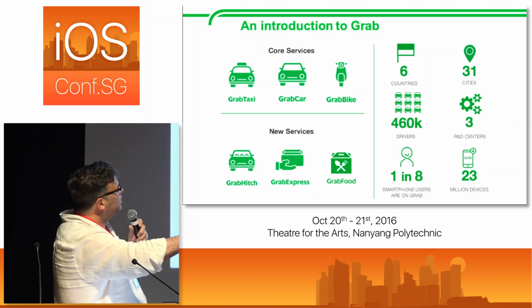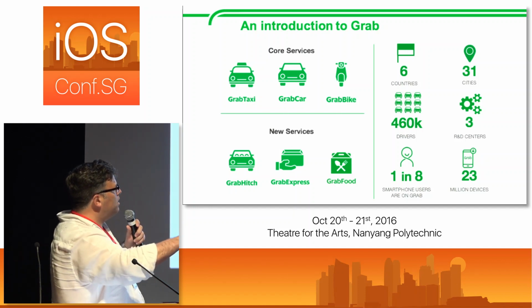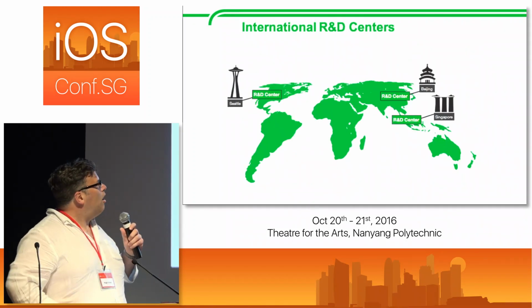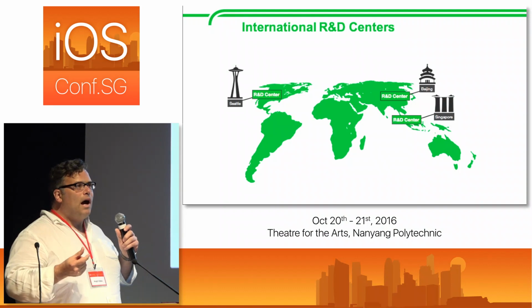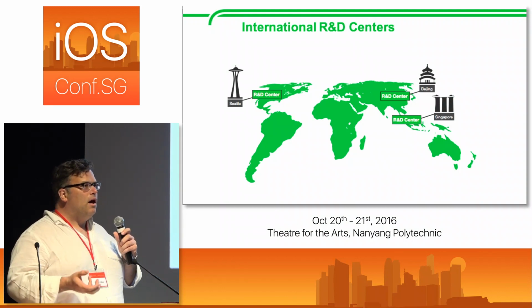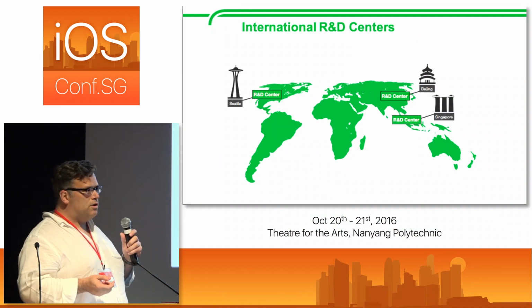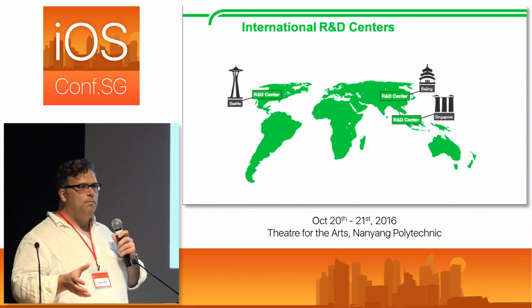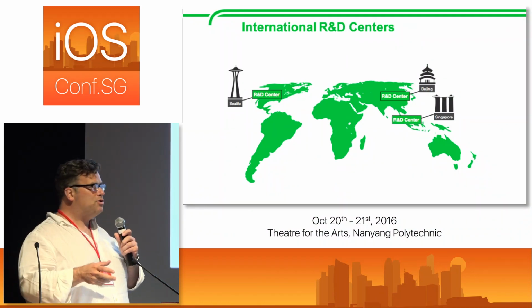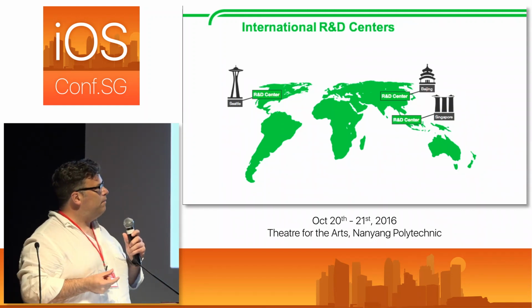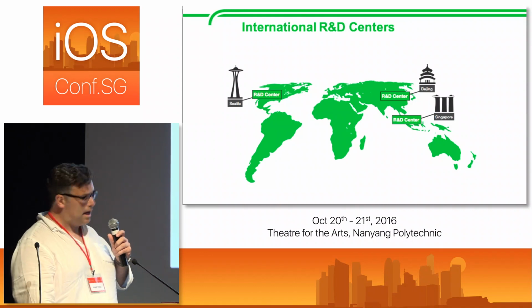We're in 6 different countries, 31 different cities. And then the next thing is R&D centers. Grab is not just a ride-hailing company. We're really a technology-focused company. So we have 3 R&D centers. We have the primary center here in Singapore. We have another R&D center in Beijing. And like I mentioned earlier, I'm from Seattle. We have an R&D center there in Seattle as well.